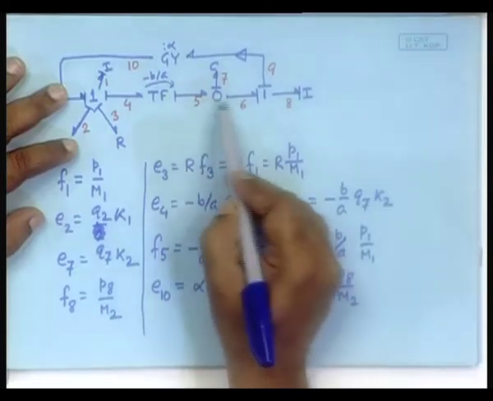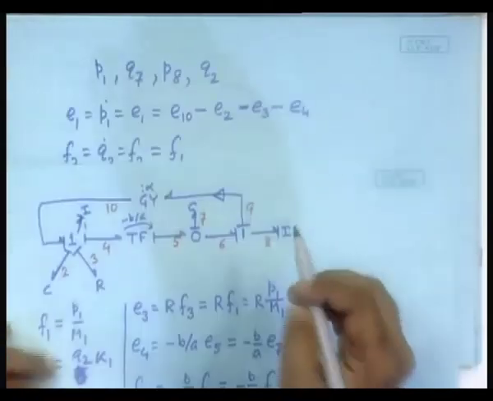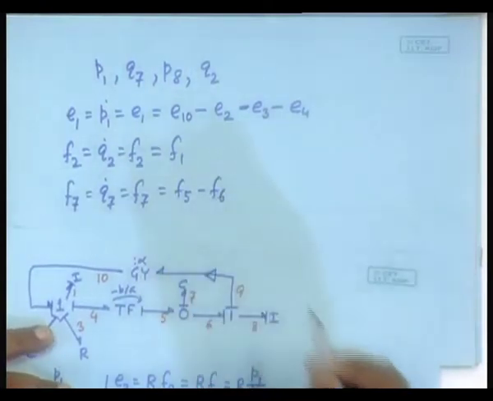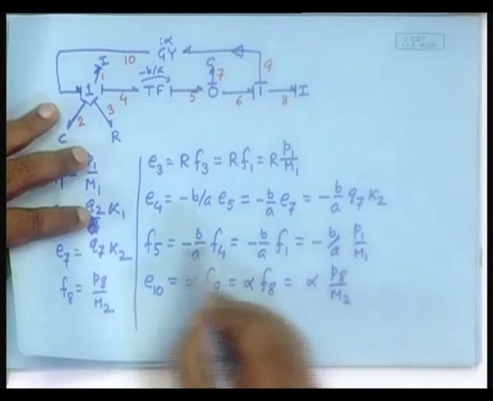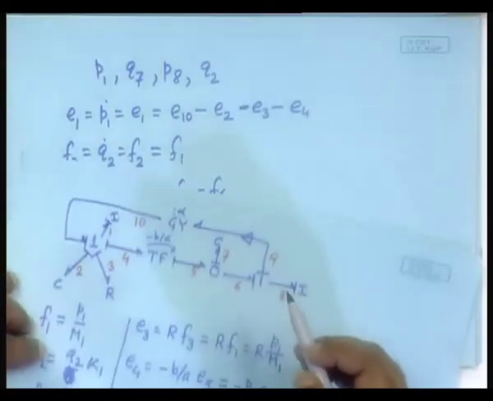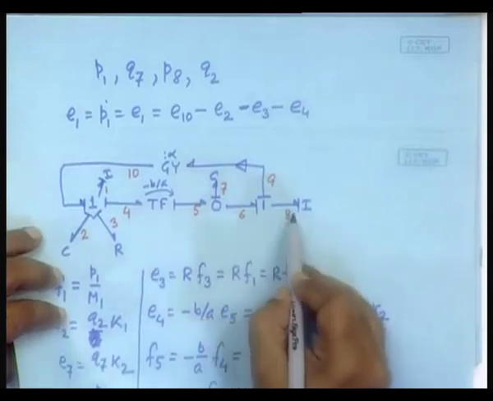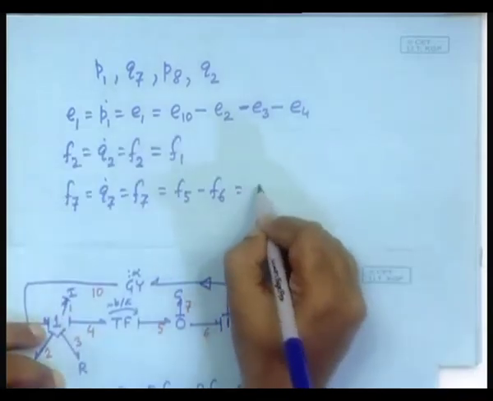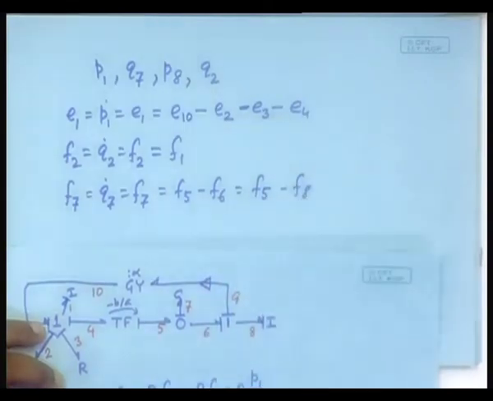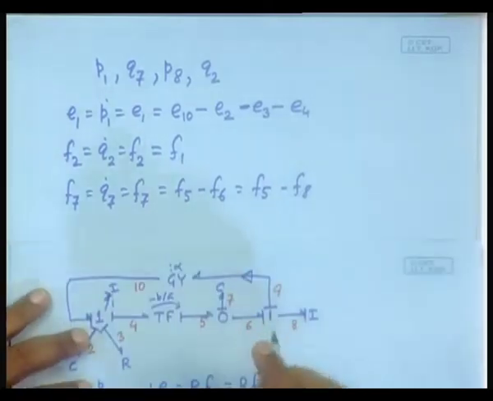So, the flows are summed. F5 minus F6. Now, F5 happens to be available, F6, we have to find out where it comes from. F6 comes from F8, so it is equal to F5 minus F8, both these are known, fine.